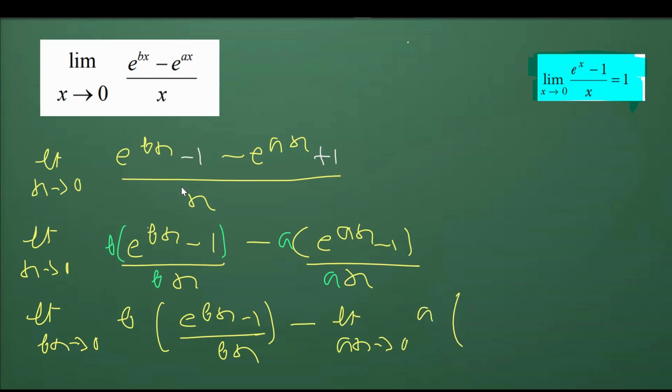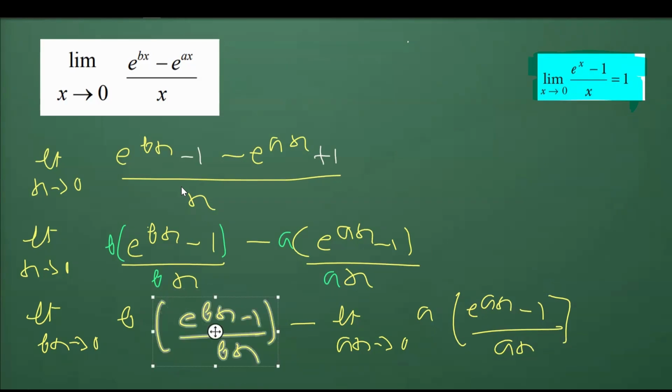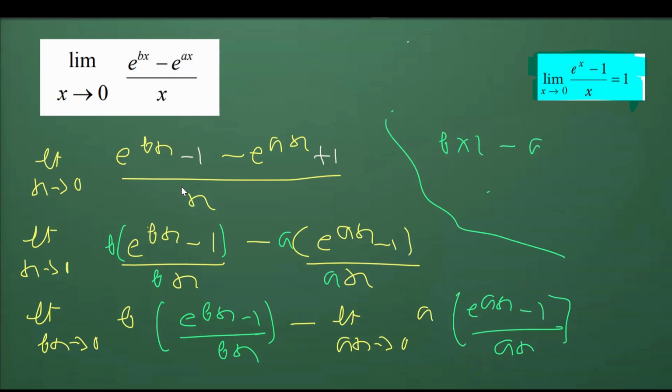So this is a, and this is e raised to the power ax minus 1, that divided by ax. So from here, on applying the limit over here, we are going to get 1. And similarly, we are going to apply the limit over here. That also gives you 1. So what will we get over here? We'll get b multiplied by 1 minus a multiplied by 1. So we'll get this answer as b minus a.